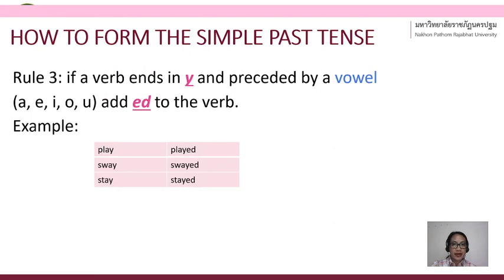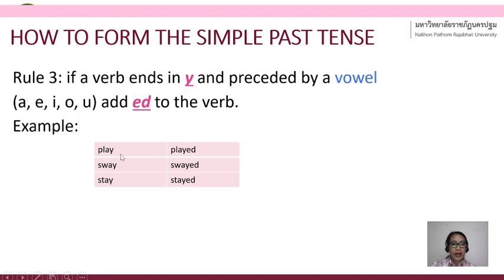Rule number three. If a verb ends in Y and preceded by a vowel, A, E, I, O, U, add ED to the verb.